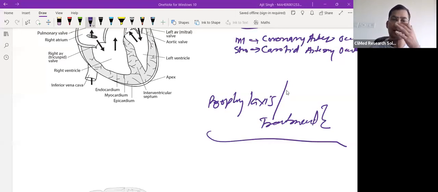Treatment means if something has happened already, and we are preventing that from growing, or we are suppressing that back to whatever it was before, right? That means the treatment. And prophylaxis means we are preventing future events.